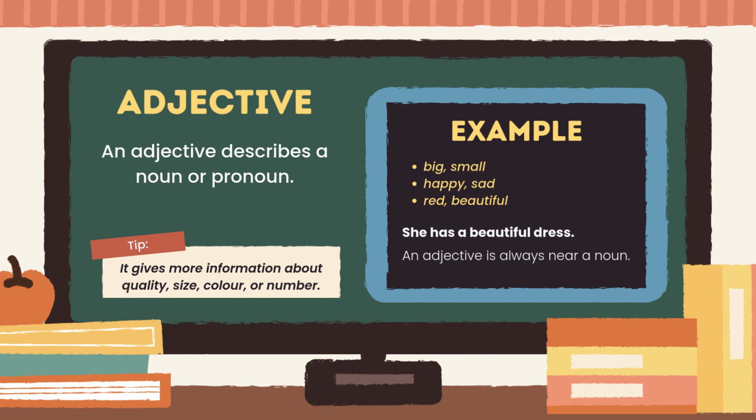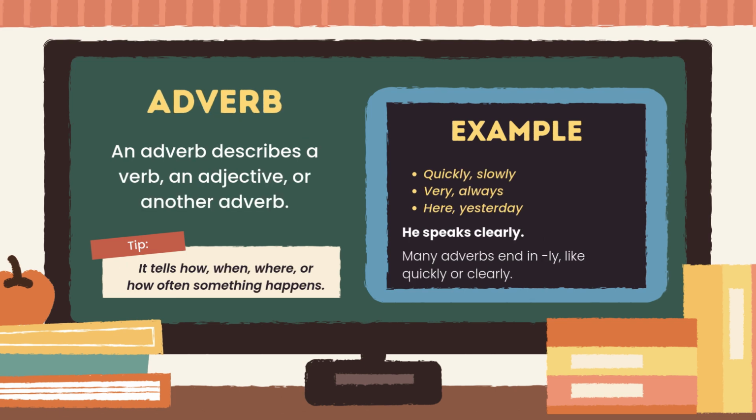Then comes adverbs. Verb को describe करने वाले. In English, we can say an adverb describes a verb, an adjective or another adverb. For example, quickly, slowly, very, always, here, yesterday.